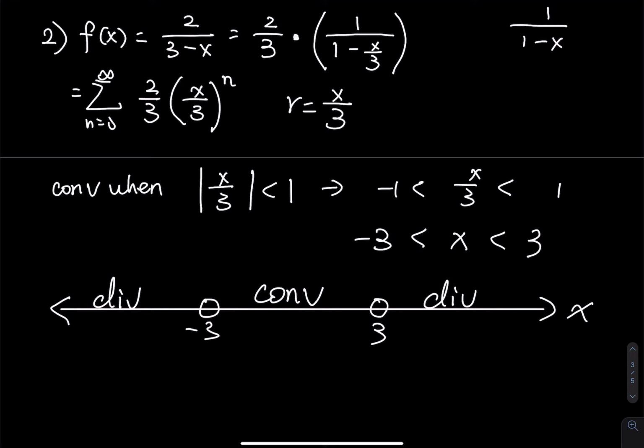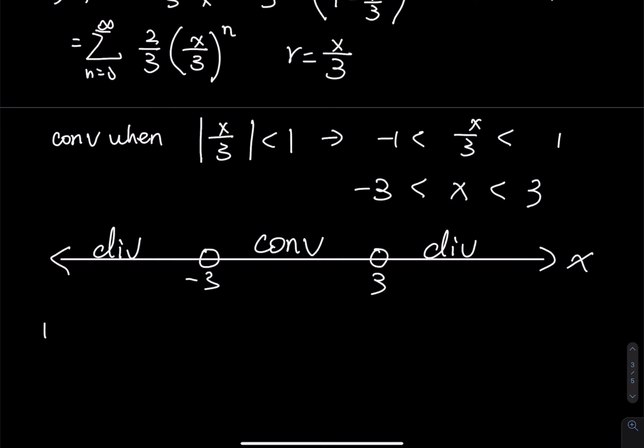When x is equal to negative 3, you have an alternating series. When x is equal to 3, the 3 over 3 raised to the n is equal to 1, so the sum is just equal to 2/3. A sum equal to 2/3 is convergent, right? That can be tested very easily. I will just leave that part to you. So for this one, we say that the interval of convergence is negative 3 less than or equal to x, and then less than or equal to 3.